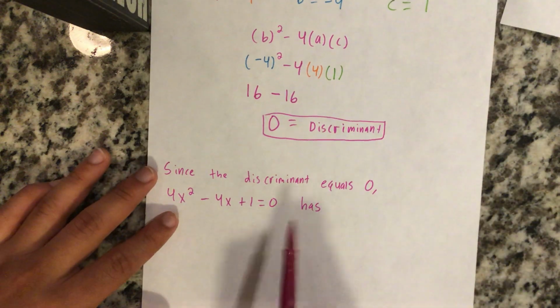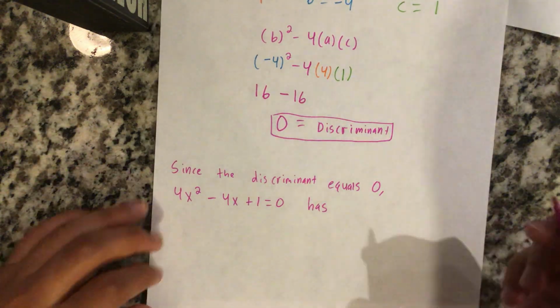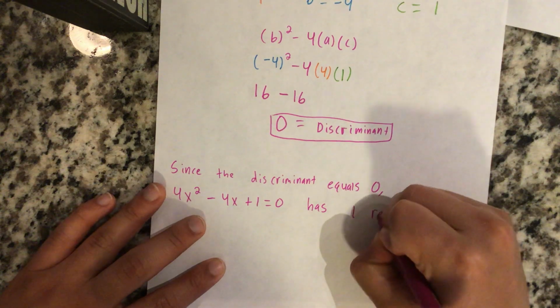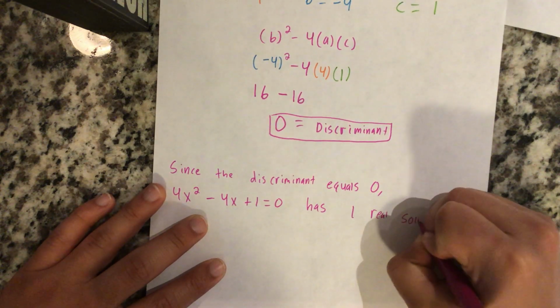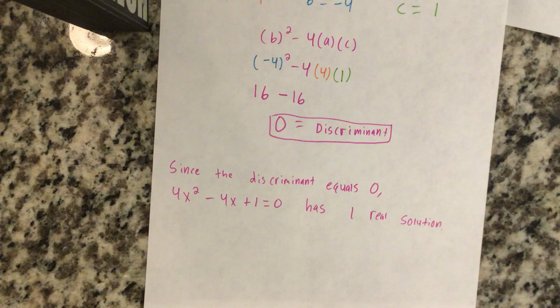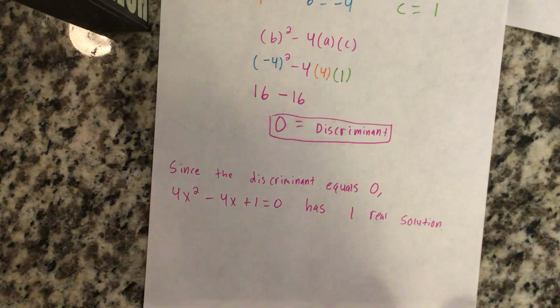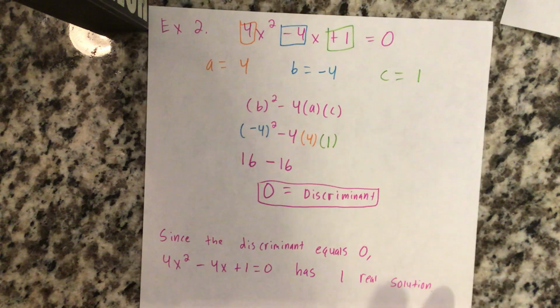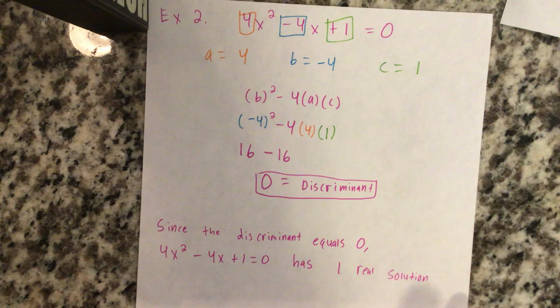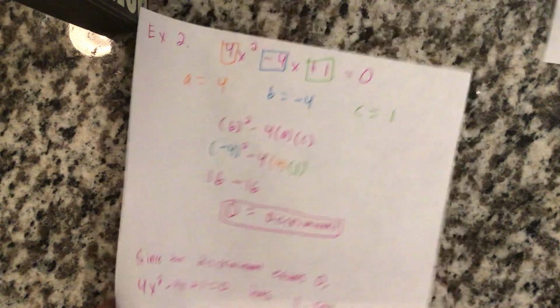Okay? So, since the discriminant is 0, the quadratic has one real solution. Boom, done. Easy, okay? I'm not asking you to find the solution today, but we're just kind of introducing what the discriminant is, okay? So example 2, done. Just like that, okay? Hope that's not bad. One more, and we're done with this video.